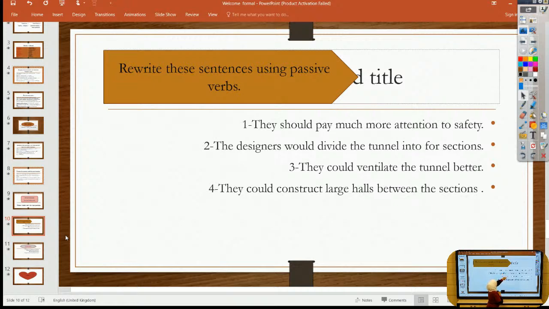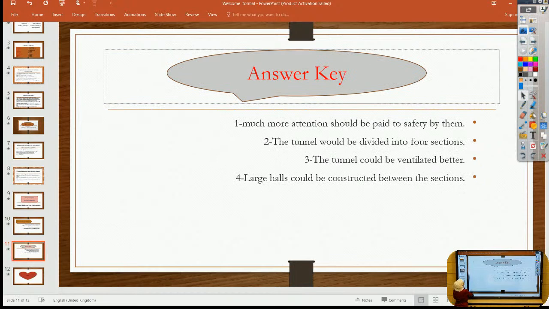Then past participle, paid. So my sentence will be like this: much more attention should be paid to safety. Notice here the answer: much more attention should be paid to safety by them, if I want to mention the subject.